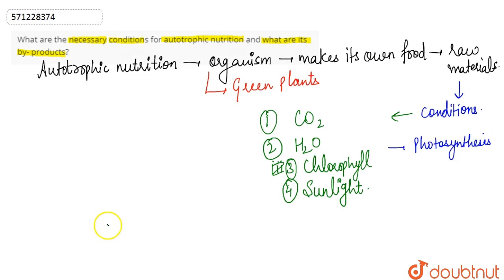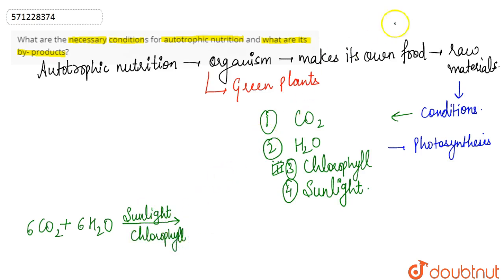Now if we look at the process of photosynthesis with the help of a chemical equation, the green plants use six molecules of carbon dioxide along with six molecules of water, and the whole process takes place in the presence of sunlight, using the chlorophyll.